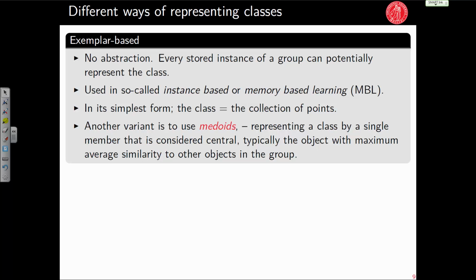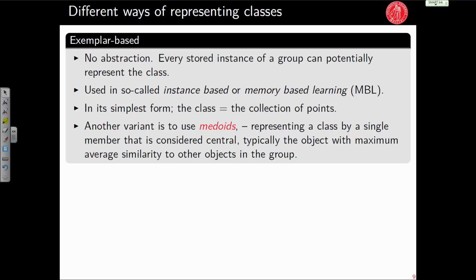The object with maximum average similarity to other objects in the group. Thinking again about document classification, for all the documents that are part of the class China, we want to pick the document that is most central to the class.